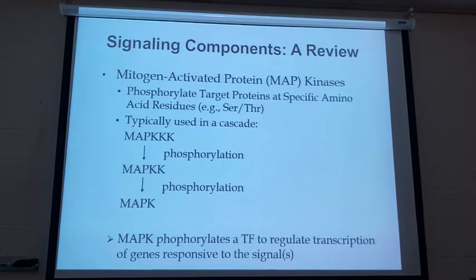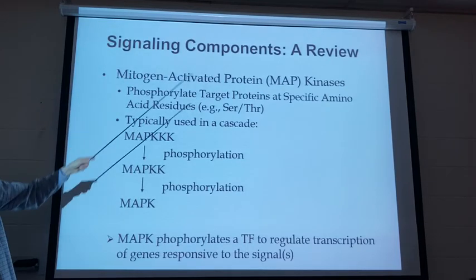Okay, next. All right. So the next thing that you may have heard of is something called the MAP kinase pathway. So does everybody know what a kinase is? What's a kinase? Phosphorylates something. Well, MAP kinases are protein kinases. So the name MAP kinase stands for mitogen activated protein kinase.